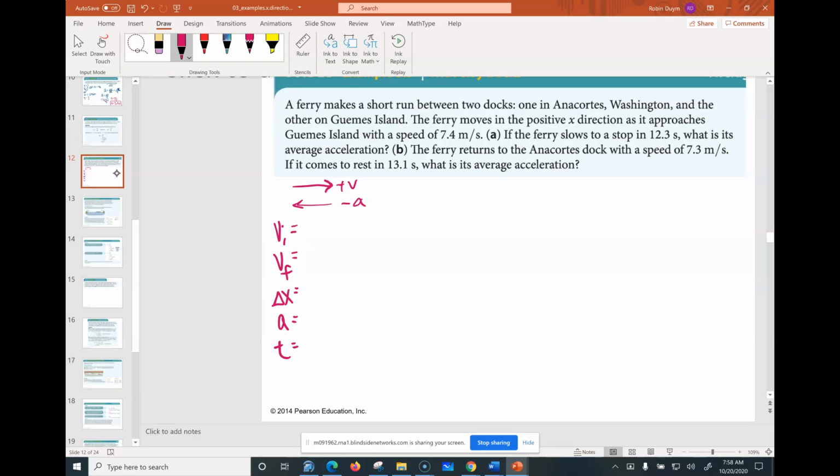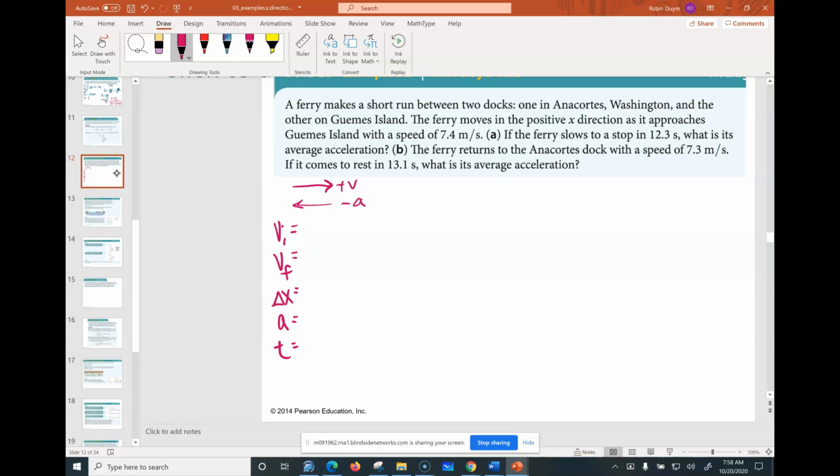We're just getting our feet warm. So, it approaches with a speed of 7.4. Where does that go? It then slows to a stop in 12.3 seconds.